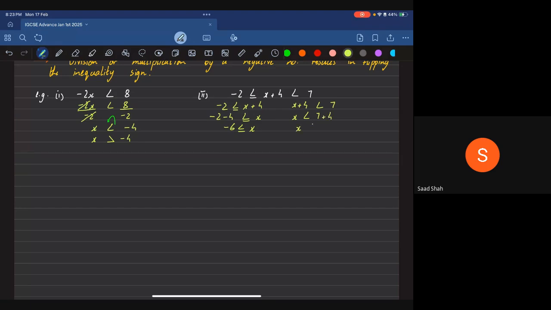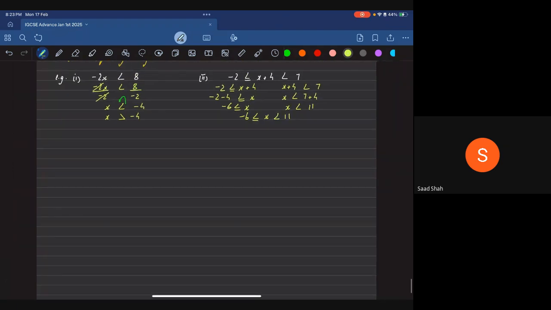So x is going to be less than 11. And finally, you just simply group them together. When you're writing down your final answer, do not write them down in a broken form. You write them down together. So it's kind of like this. Clear?